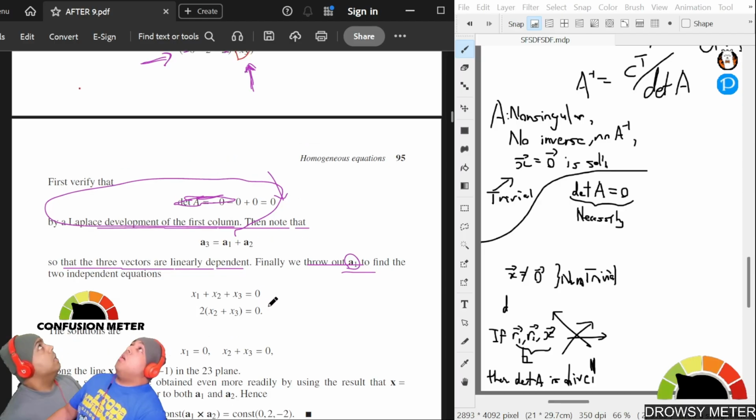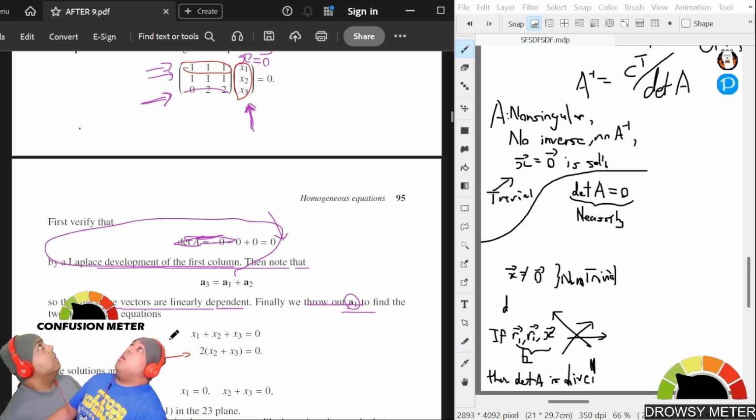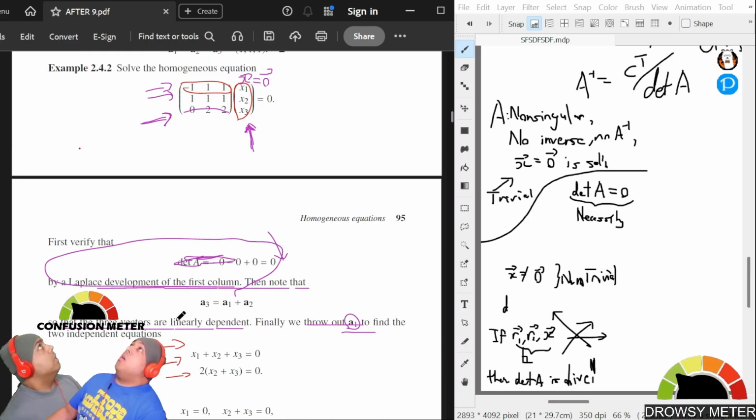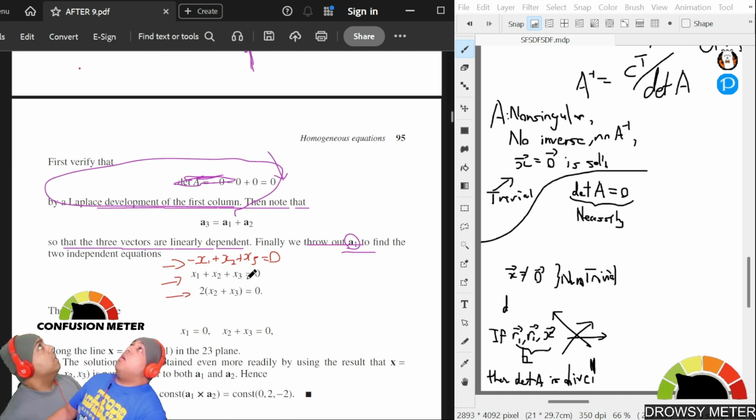Why are we... Okay, this is from row 3, matrix multiplication. This is from row 2. Row 1 would be minus x1 plus x2 plus x3 equals 0. Why are we throwing out this one? Hmm.